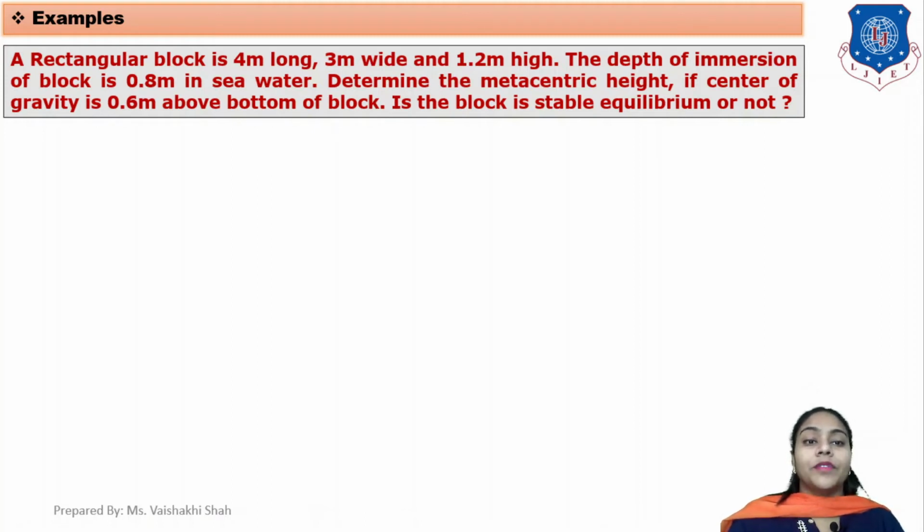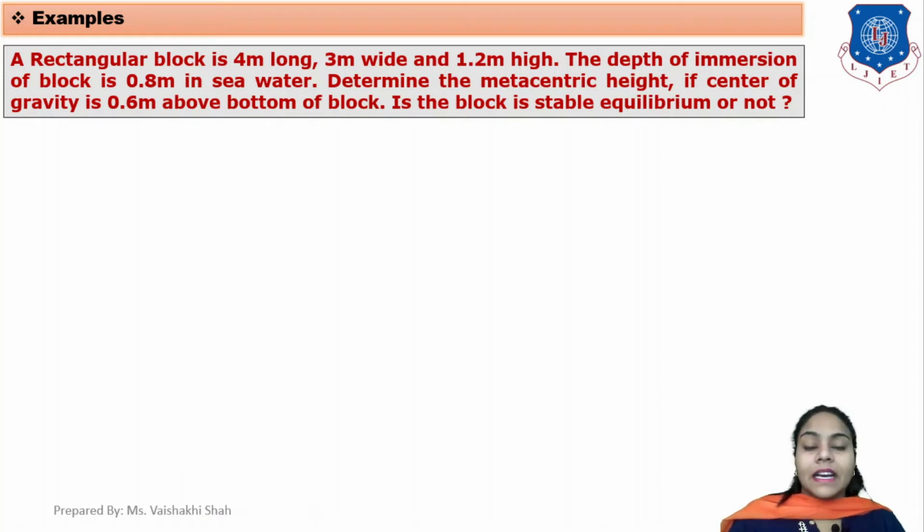The depth of immersion of the block is 0.8 meter in sea water. Determine the metacentric height if the center of gravity is 0.6 meter above the bottom of the block. Is the block in stable equilibrium or not?